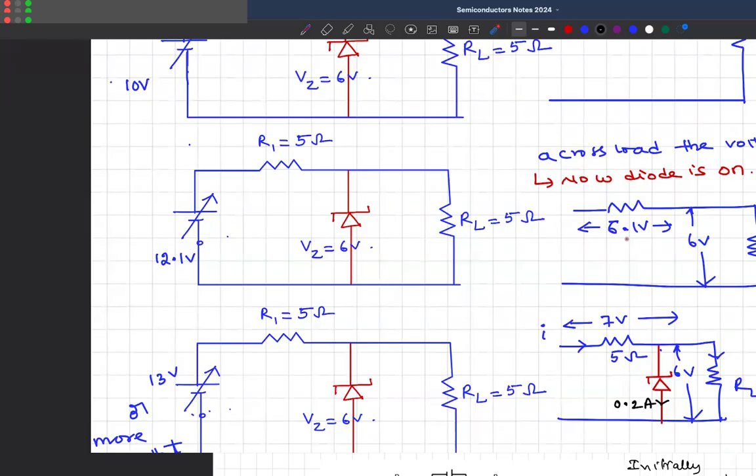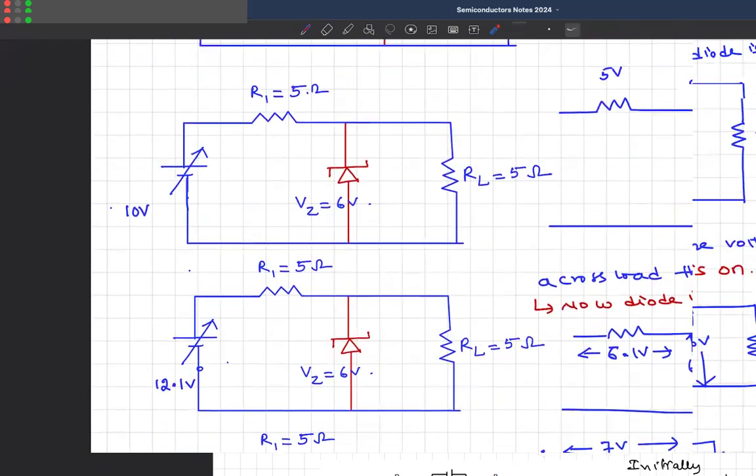I didn't do that. Why? Across the load, you cannot apply a voltage more than 6 volts. Why? Diode will come into the picture. The action of the diode is responsible for maintaining constant potential difference.